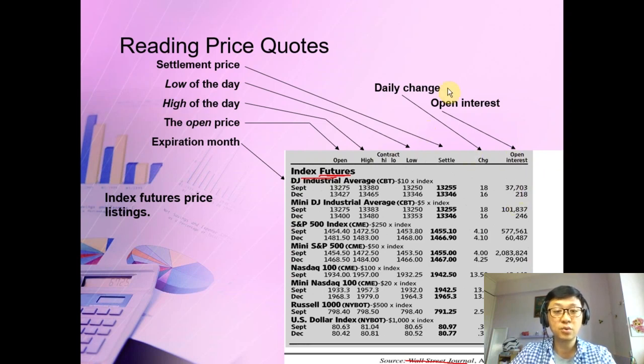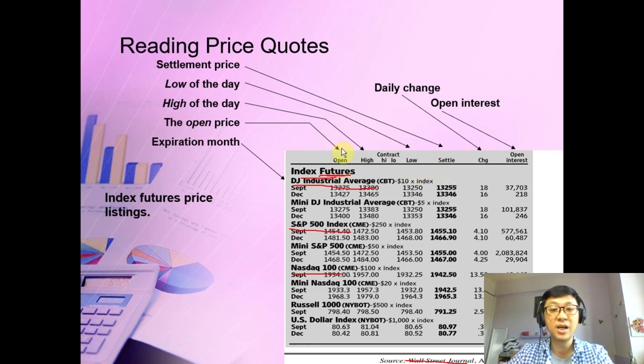So in any case, we are still seeing some of these indices right now. You can see the Dow Jones Index average, the S&P 500 index, Nasdaq, and even the US dollar index. You can see the opening price, and open interest, which is how much is available for trading, and the daily changes, how much has gone up and down, and you have the lowest price and also the settlement price.